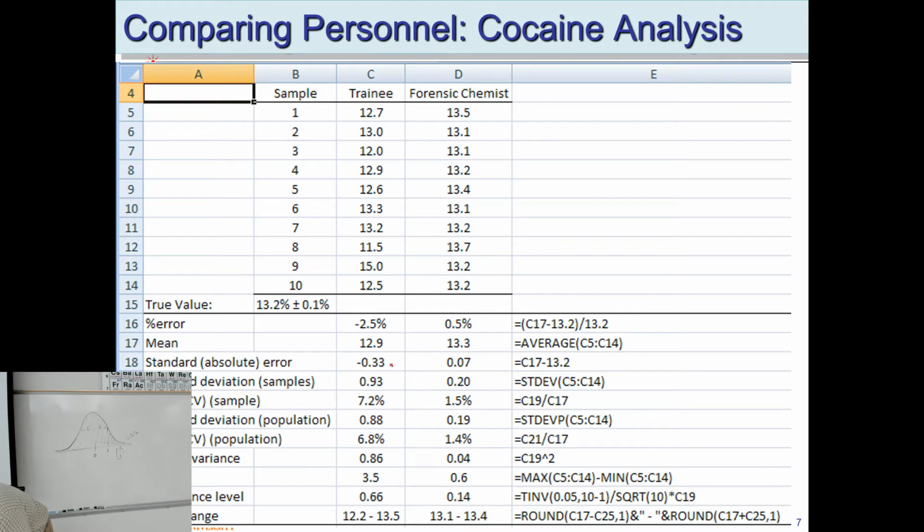You also have the absolute error, which is just the difference between the two. You're not dividing by anything. And so this is saying that the trainee is low by 0.33, and the forensic chemist is high by 0.07. Then the standard deviation of the samples. Because we only have 10 values, 0.93 is the sample standard deviation, 0.2 for the forensic chemist.